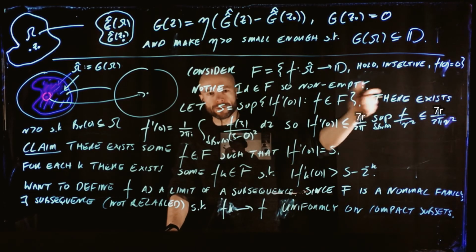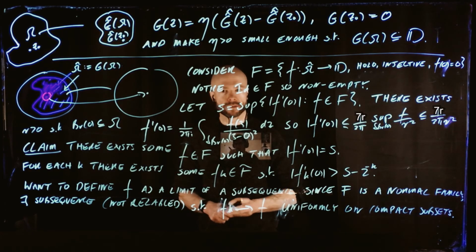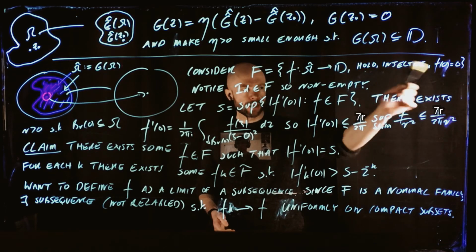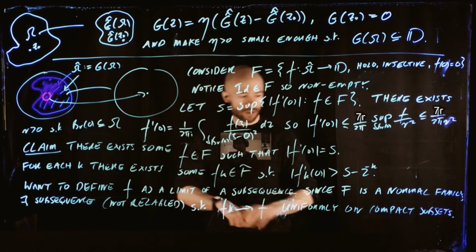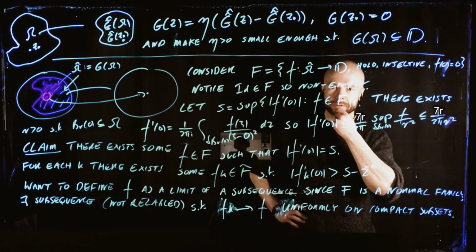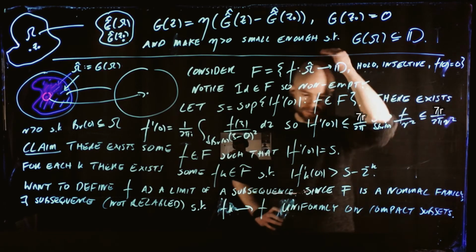Is this function f going to be inside our function class? So what does it need to be? It needs to be holomorphic, injective, and f of 0 has to be 0. Can we satisfy that? Is the limit going to be holomorphic for one thing? Yeah, it's holomorphic. Is f of 0 going to be 0?